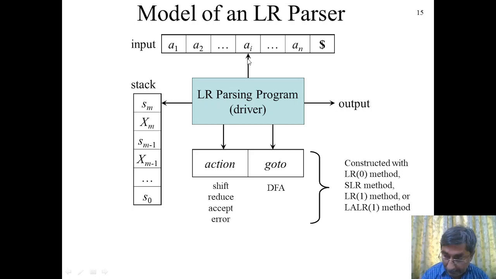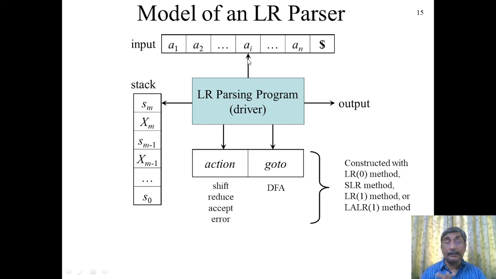Now, as I said, in our example, it was very obvious which one to do, because either we had only one item which tells me to reduce, or I have many elements but the dot does not precede an input symbol which occurs at the input, and therefore there was no option to shift. I had to reduce.